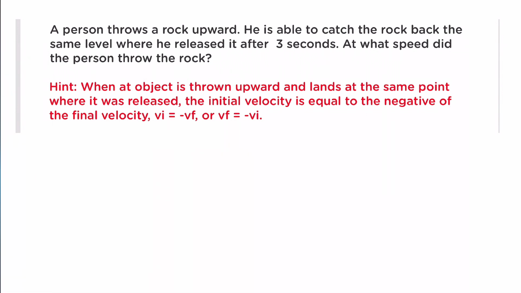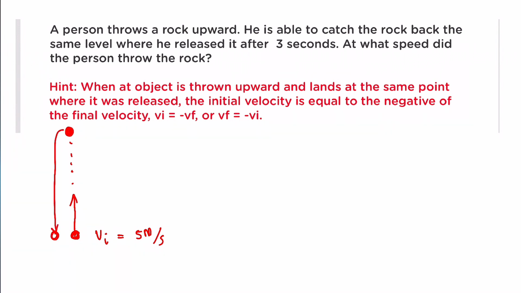So if I have an object here and I'm throwing it upward, say for example the initial velocity of the object is 5 meters per second. It goes up and reaches a maximum height, and then it goes back down to this same level.